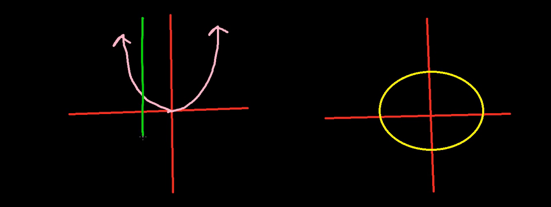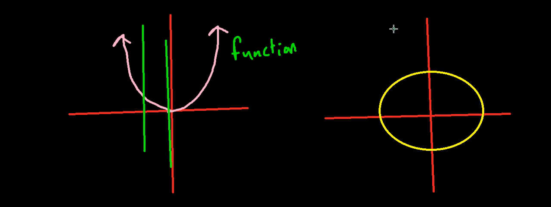Using our vertical line test, we can tell that no matter where we draw a vertical line, it's only going to intersect at one time. So this will be a function.